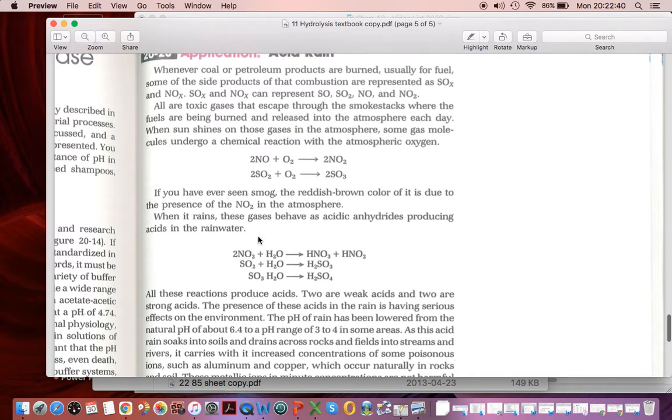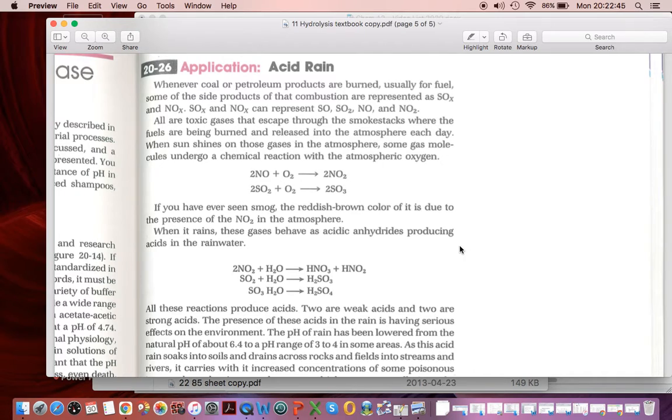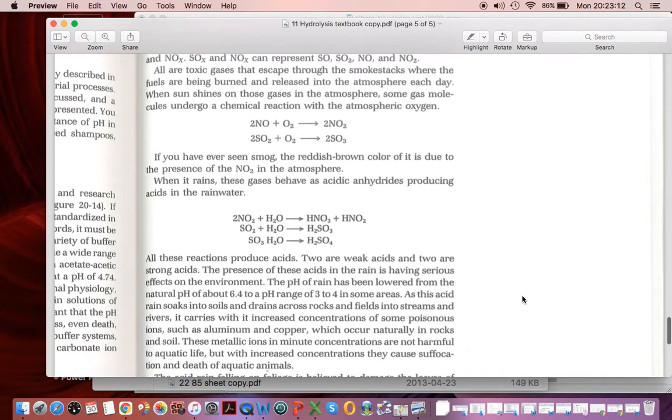And yes, you should know the series of equations that can yield acid rain. And you should also know the sources. Where do we get acid rain? We can see that in some cases we get it from automobile exhaust and whatnot, things like nitrous oxide, which we talked about earlier in the reaction kinetics section when we talked about a catalytic converter, and also other cases where we might get it from the burning of coal or materials like that.